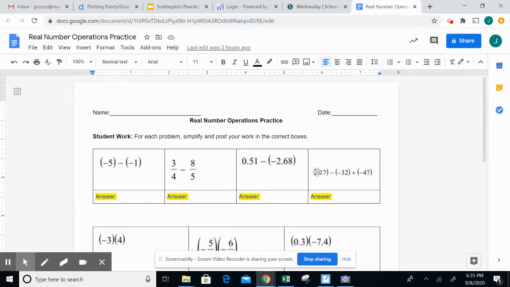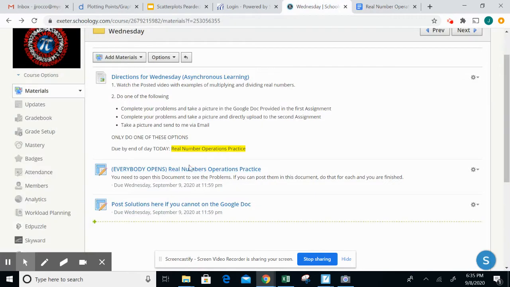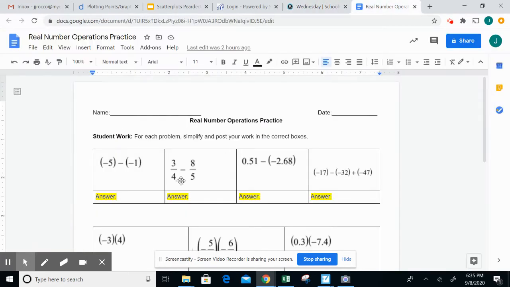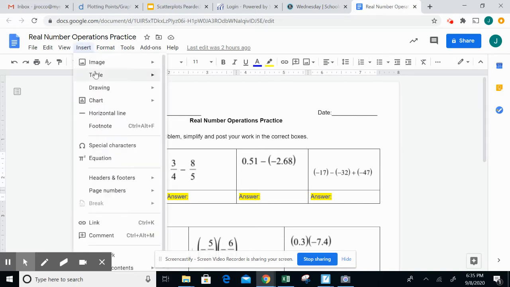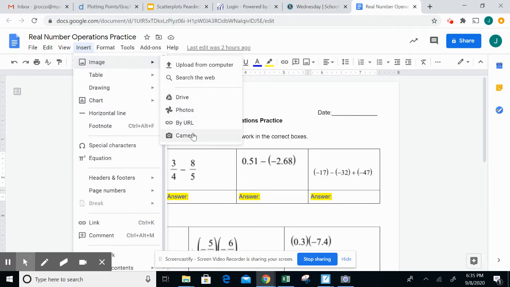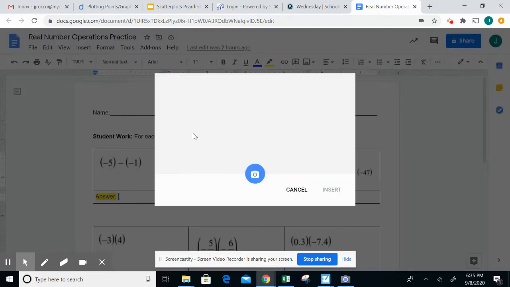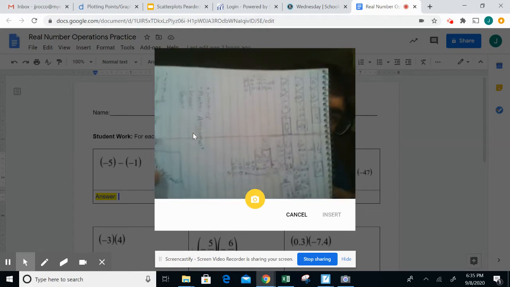Now, the reason I have these two things here is some of you are comfortable putting pictures of your work in here like this. Click in the box for this problem. You hit insert, image, camera, and then you hold your work up, line it up.